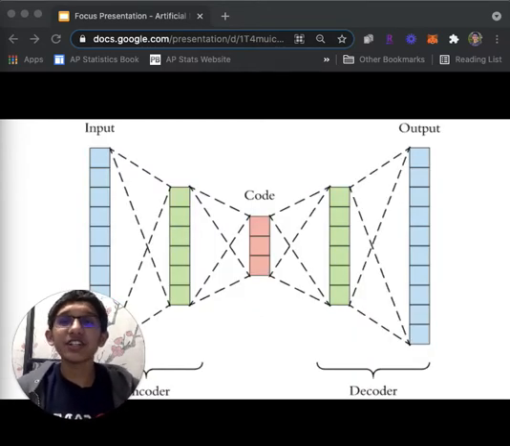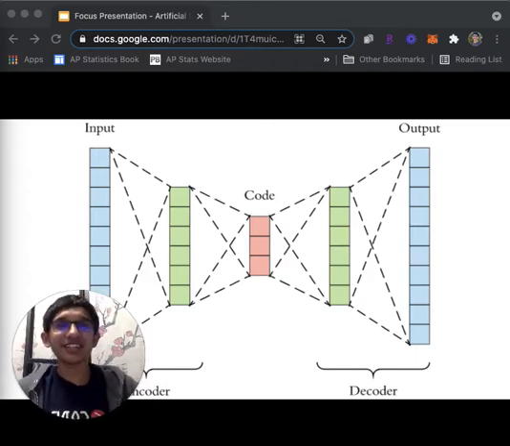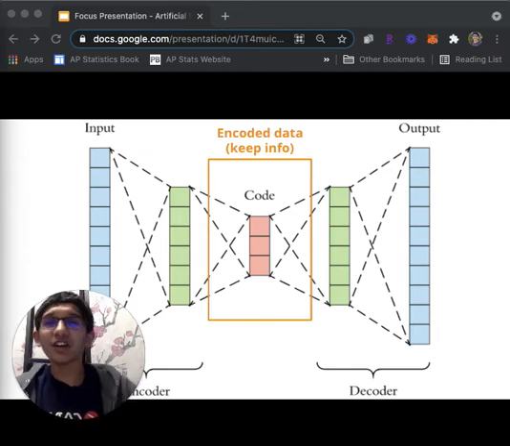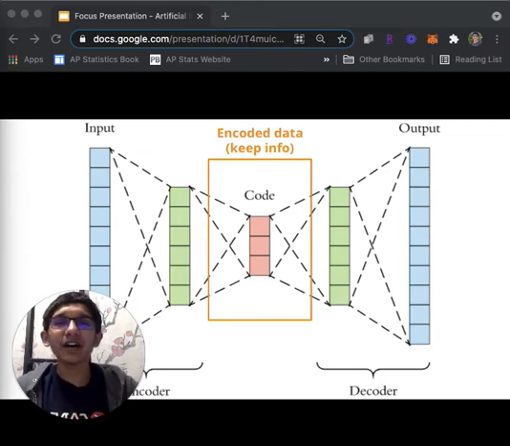As shown here, there are three distinct sections of autoencoders: the initial data, the encoded data, and the decoded encoded data. The goal of the encoded data is to keep the maximum amount of information when encoding. When removing the features, information will get lost, so it's vital that the most pertinent features are the only ones that are kept.